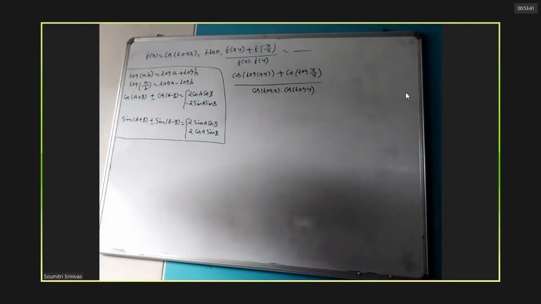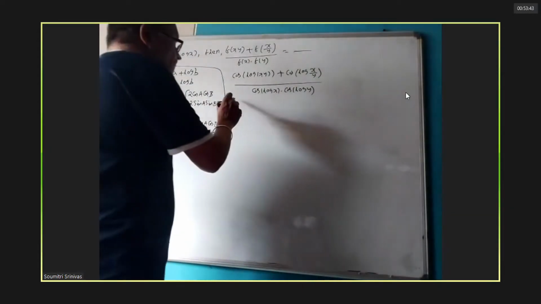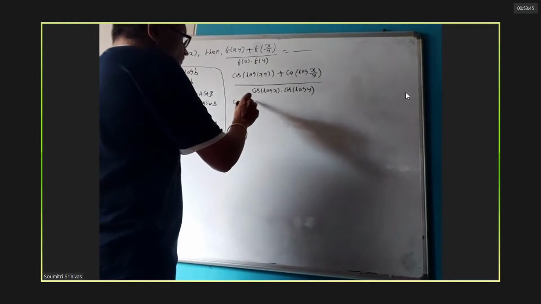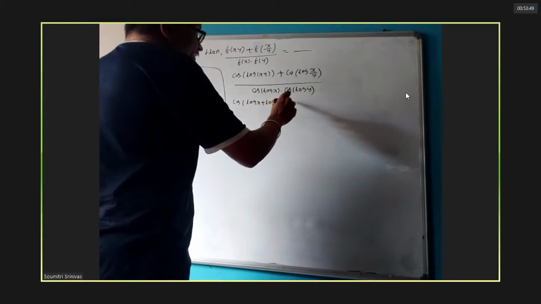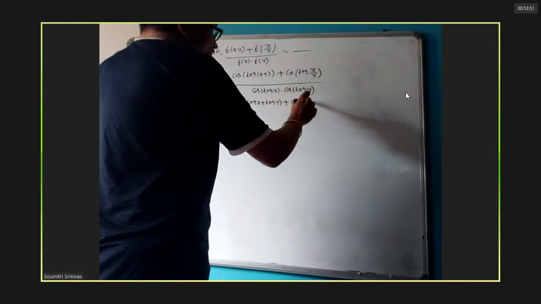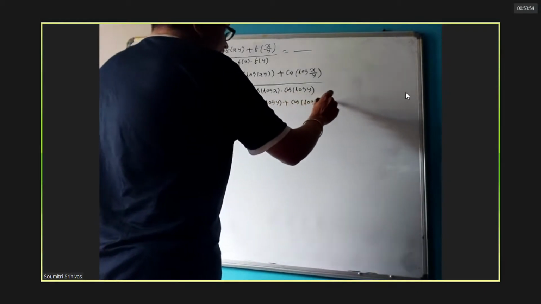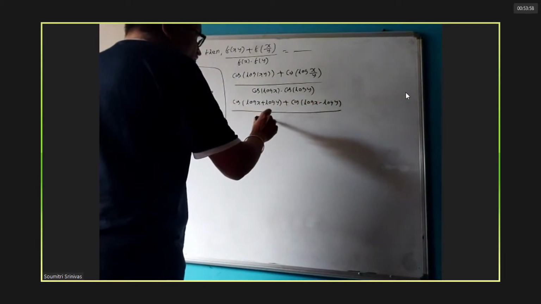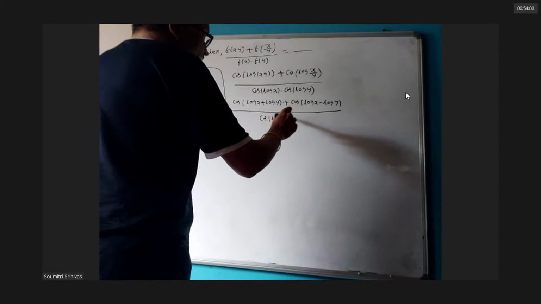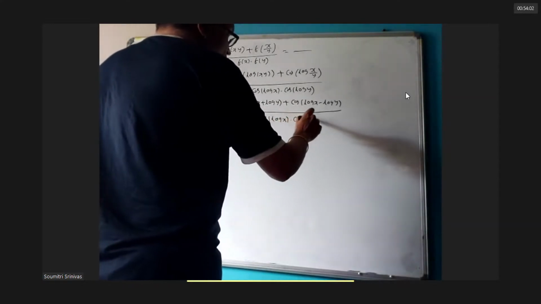What's the expansion? Numerator cos of log x plus log y. Second term, cos of log x minus log y. Denominator cos of log x into cos of log y.